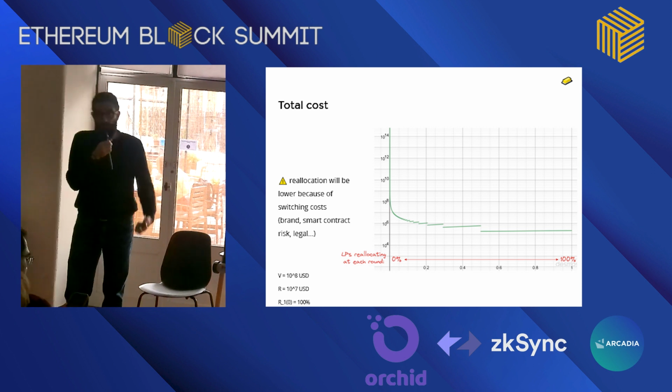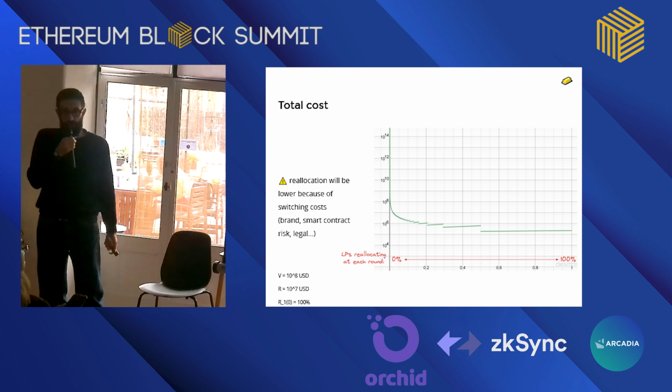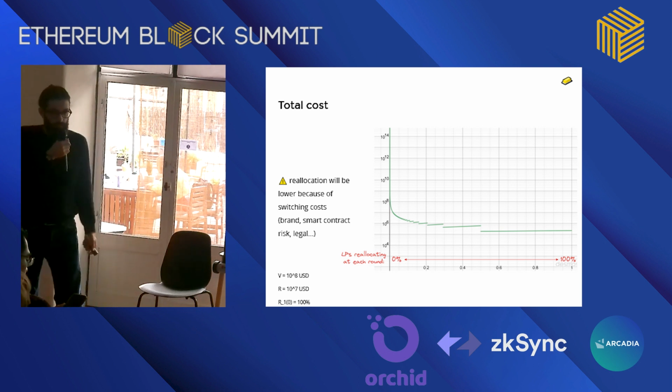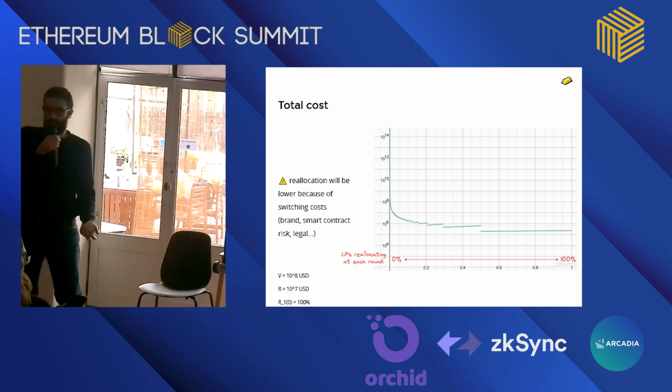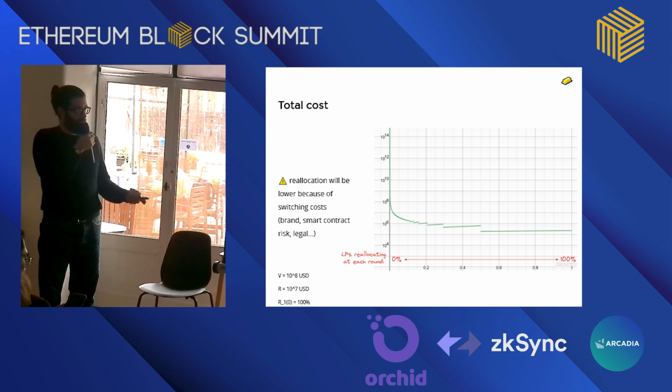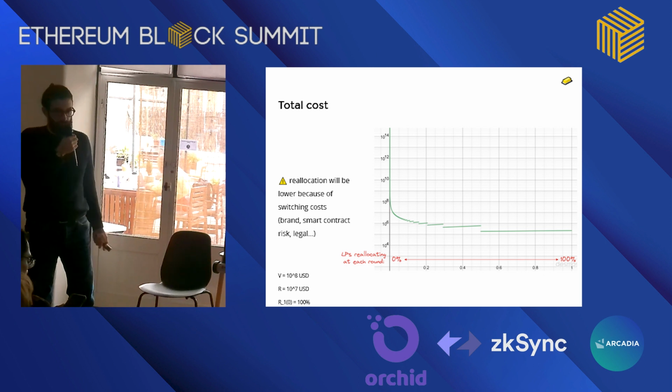From the point of view of large LPs, like large market makers, even if there is a more interesting option, they would not change right away. So in the end, that makes this curve go to the left, and at zero, it costs infinity.